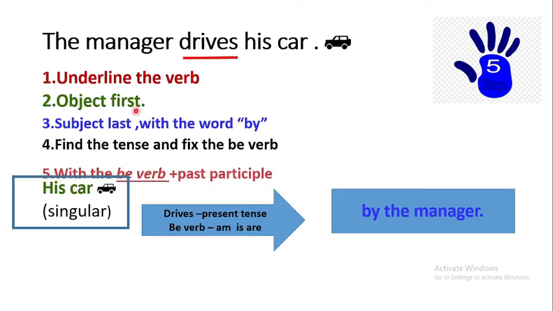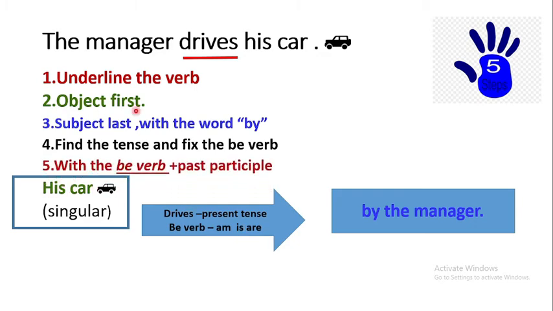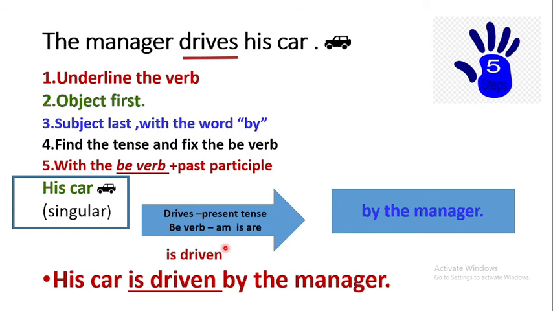And next, the fifth step, with the be verb, you have to use the past participle for drive. Drive, drove, driven. Let's check. There see, we have fixed the be verb is and driven.